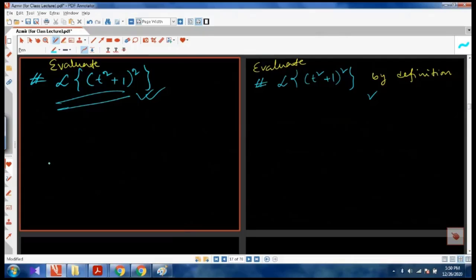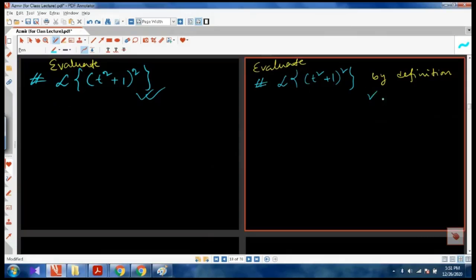For this question, we can use the direct formulas, but for the second one, evaluate the following Laplace transformation by definition, here we have to use the concept of improper integral. This type of question will not come, but try to understand how we can form it using the definition.